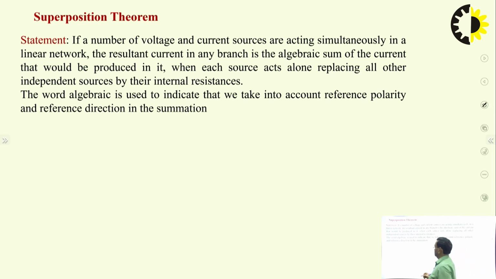Here the word algebraic is used to indicate that we take into account the reference polarity of a voltage source and the reference direction in case of a current source.